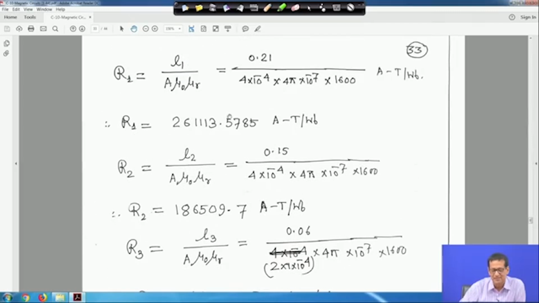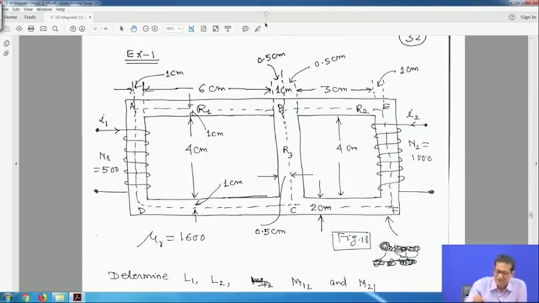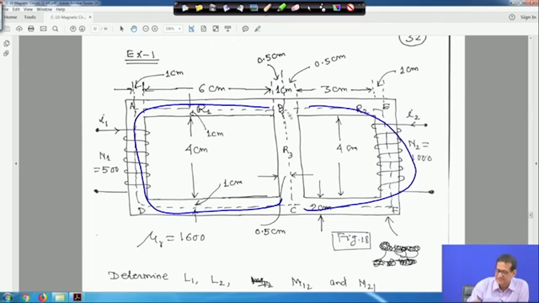This is for path 1, that means this path. This is another reluctance, this is for R1, this is R2 and this is R3, 3 different paths, the central limb and the other 2 sides.